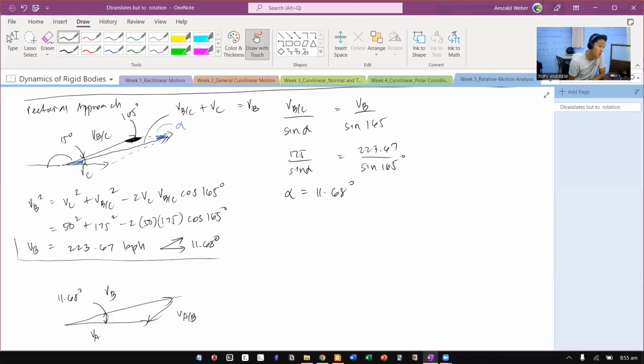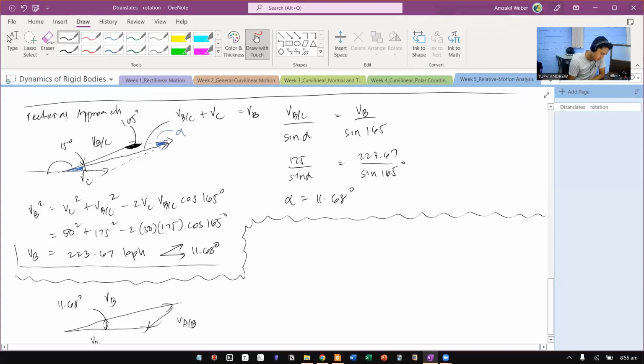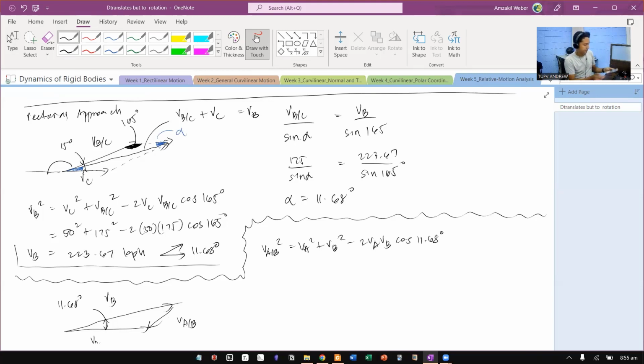Okay, so first let's do again the cosine law. VA relative to B squared equals VA squared plus VB squared minus 2 AB cosine 11.68 degrees. So VA is 200, VB is 223.67.